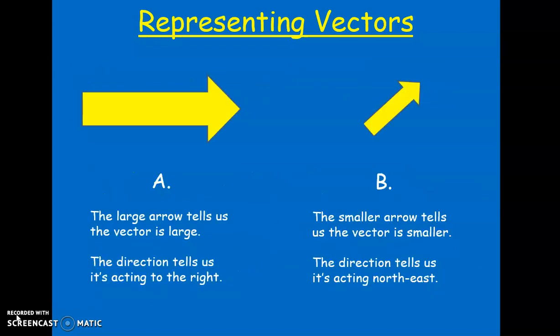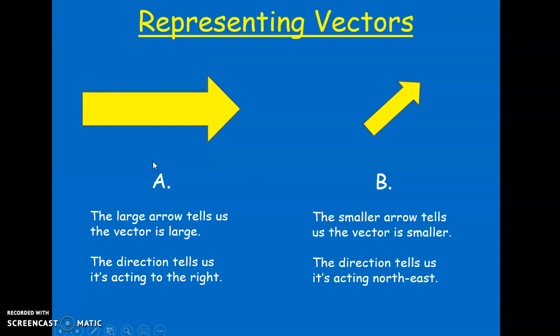Here's an example. Very simple one. A could be anything. It could be the acceleration being represented, or a force. It could be this velocity. The large arrow tells us that it's a large vector. Now we won't be able to just do that if we just have the one arrow, because it's difficult to compare. What's the scale comparing against?